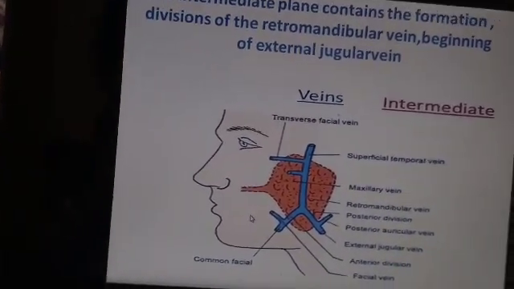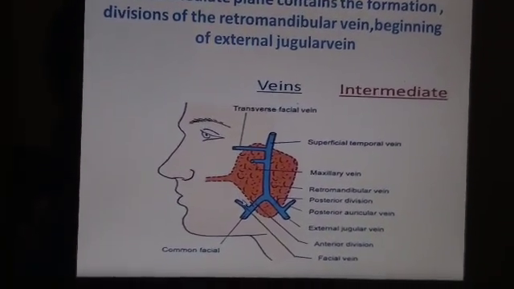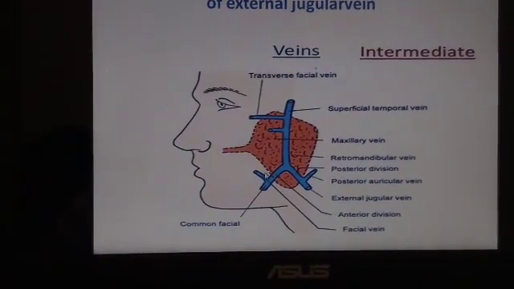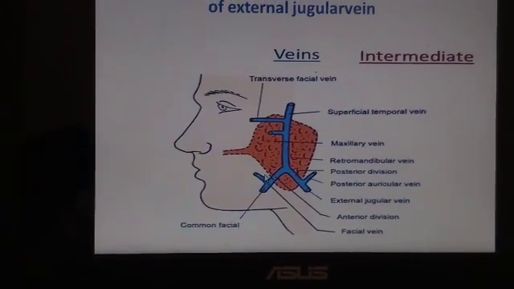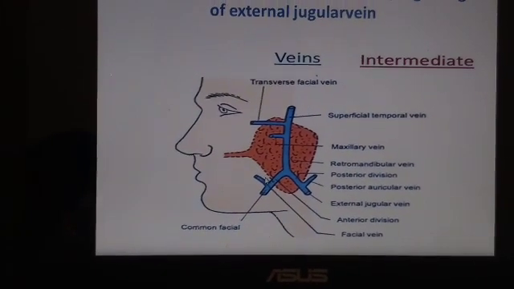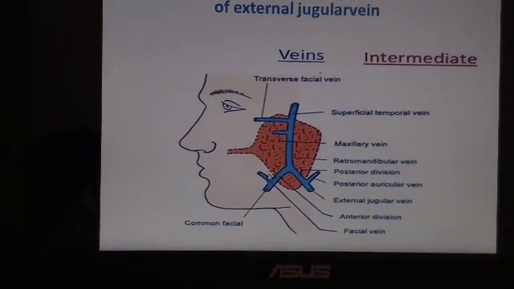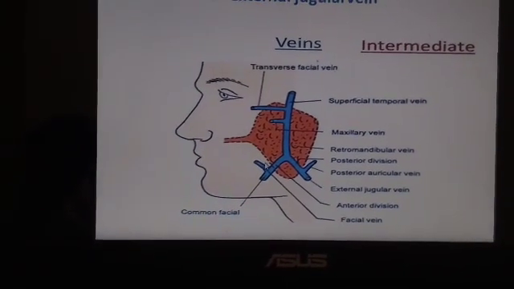And as we have already mentioned, the intermediate plane of this parotid gland is occupied by the retromandibular vein. So within the substance of the parotid gland, if you look above, you see the superficial temporal vein and maxillary vein come to join and form the retromandibular vein, which again divides into anterior and posterior divisions.